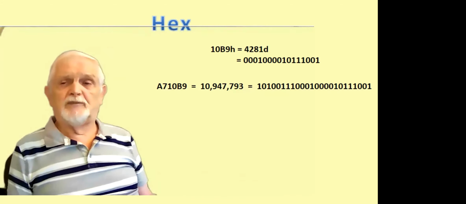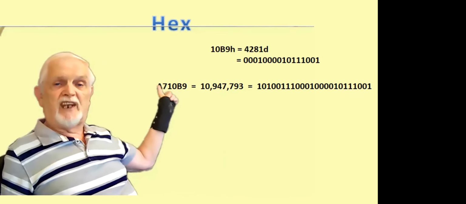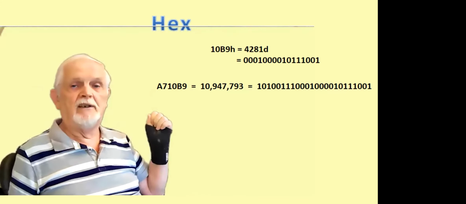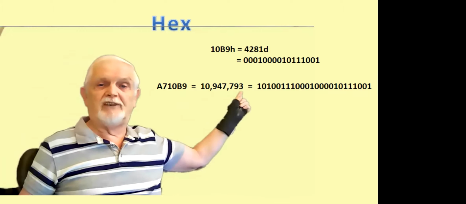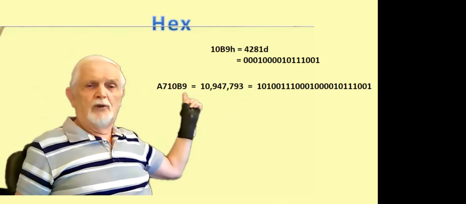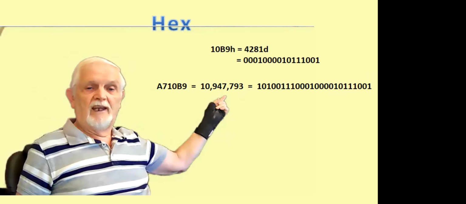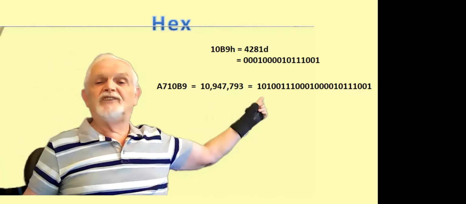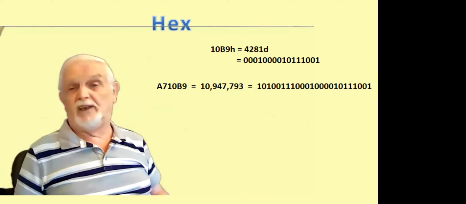If I split you guys up into 3 groups, and I said to the first group, your job is to remember A710B9, and I said to the next group, your job is to remember 10,947,793. Who's got the easiest job of recalling it? And if I took the third group and say, your job is to remember 10100111, you've got no chance of remembering it.